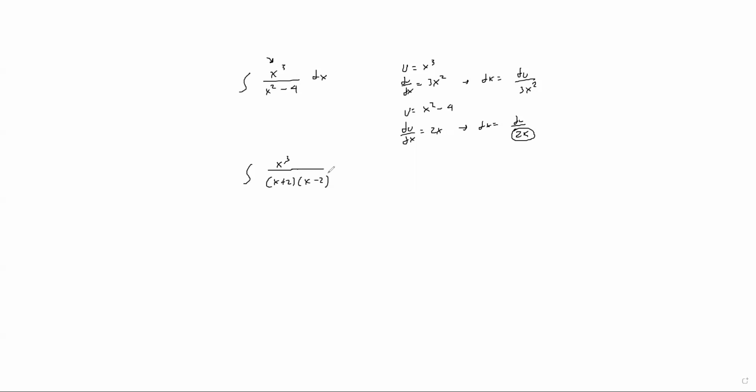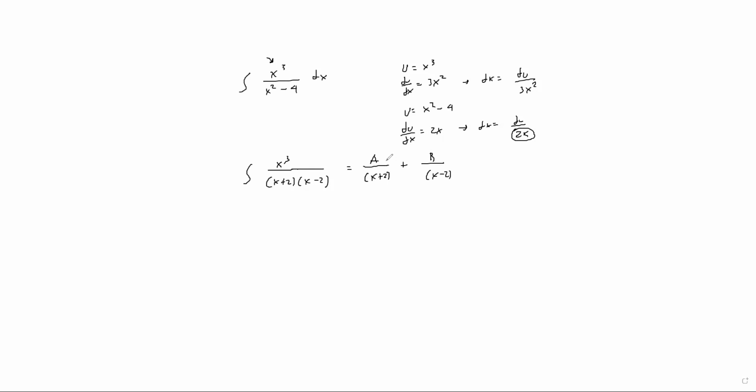Now we need to make this into two different fractions: a over the first factor of the denominator, x plus 2, added to b over the second factor, x minus 2. All we need to do now is find the value of a and the value of b. Then we can do the integration after that.